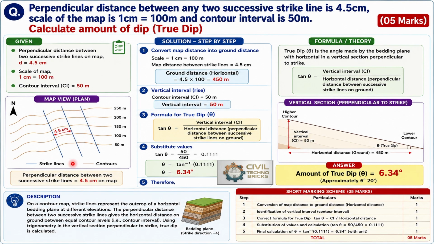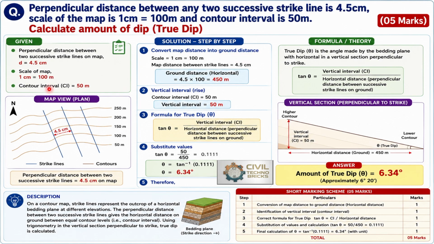So this is the actual map view we plotted with reference to the contours, that is 50 meter, 100 meter, likewise. Here the perpendicular distance between two successive strike lines is 4.5 centimeter on the map. We have to calculate the true dip. For that purpose we follow the solution's fourth stage, the conversion of map distance into ground distance.